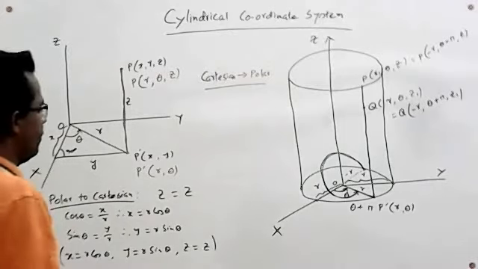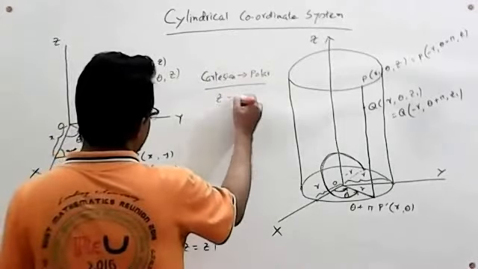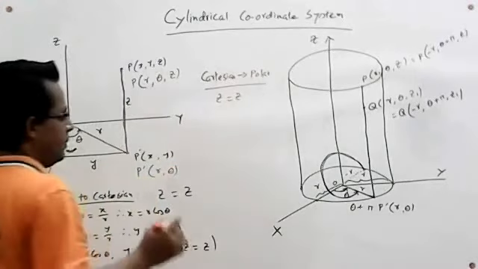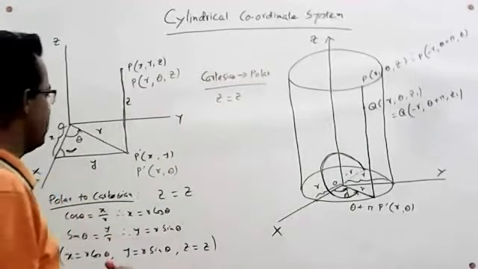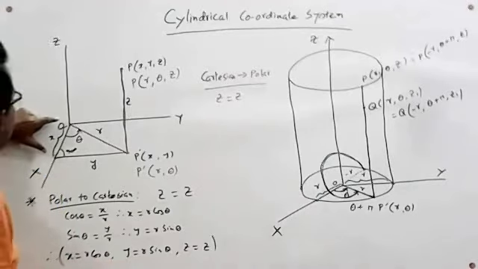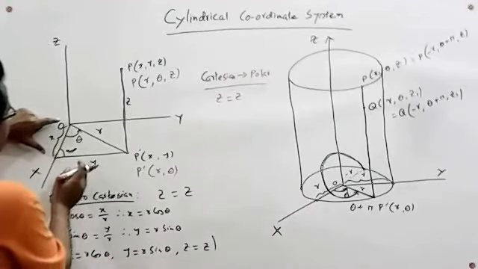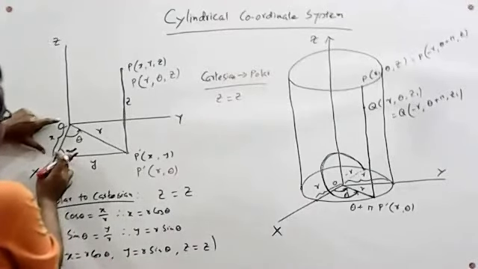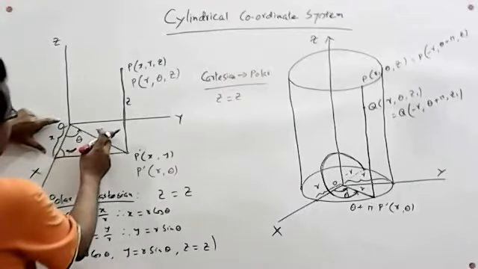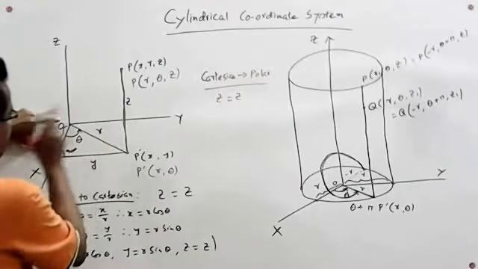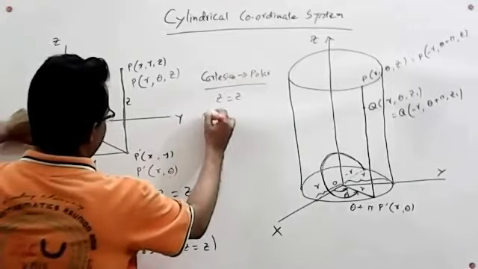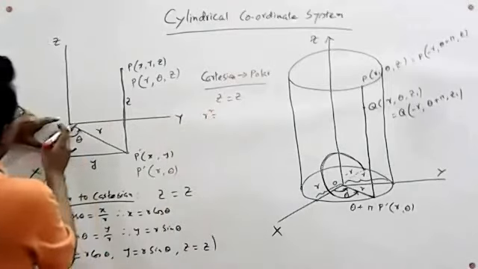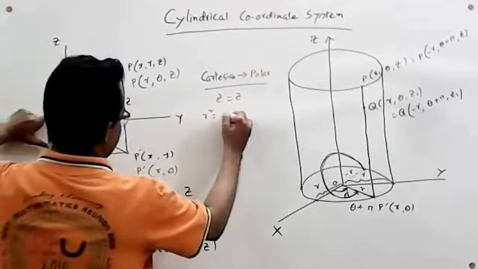Here also z equals z. These stay the same in both coordinates. And from this triangle, since it is a right angle, this is the hypotenuse. So we know from Pythagoras, r square equals x square plus y square.